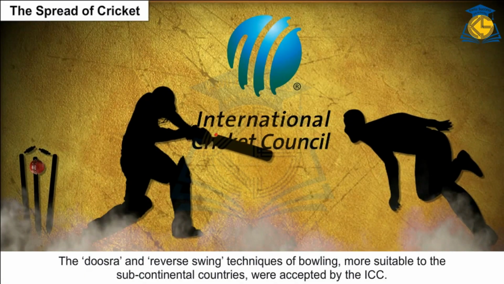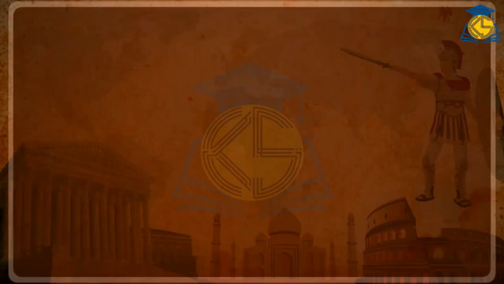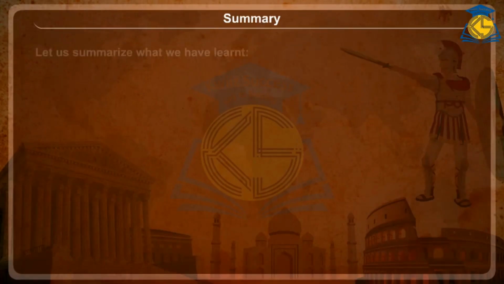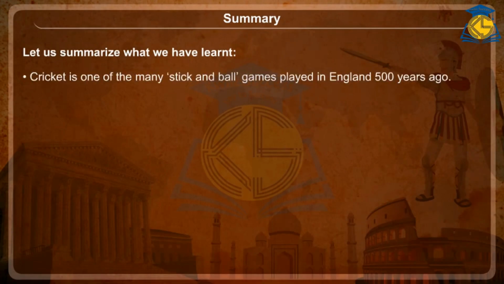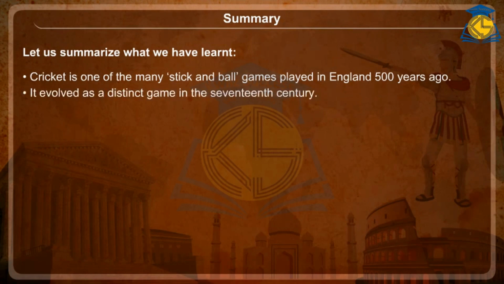Summary. Let us summarize what we have learned. Cricket is one of the many stick and ball games played in England 500 years ago. It evolved as a distinct game in the 17th century.